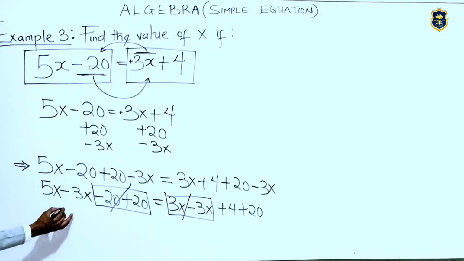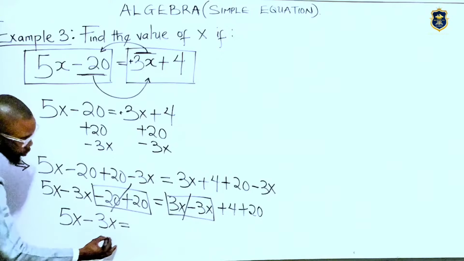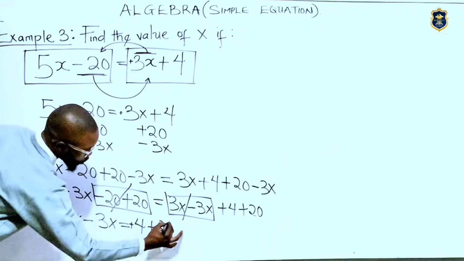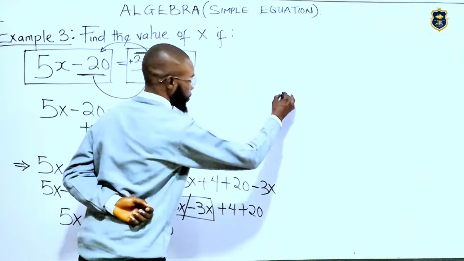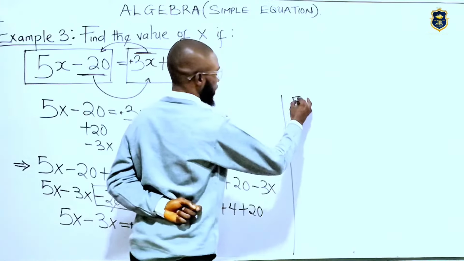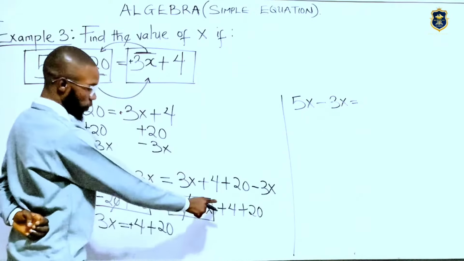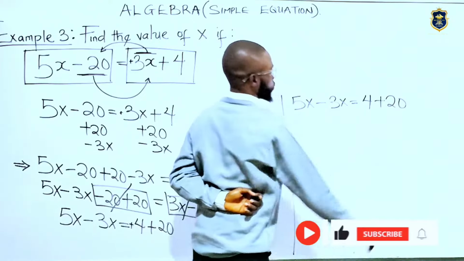We're left with 5x minus 3x equal to 4 plus 20, and we just continue from here.